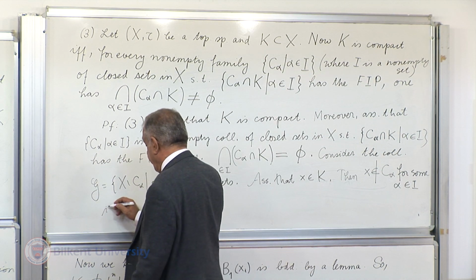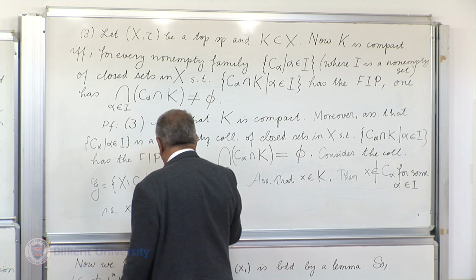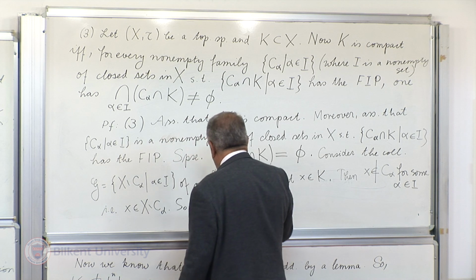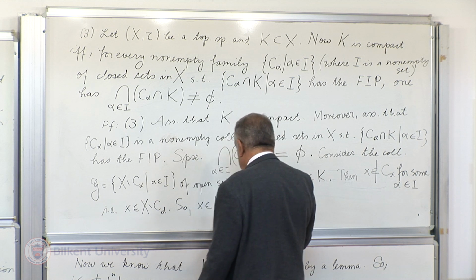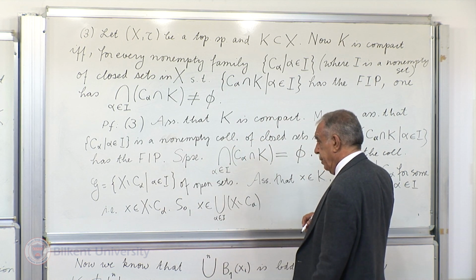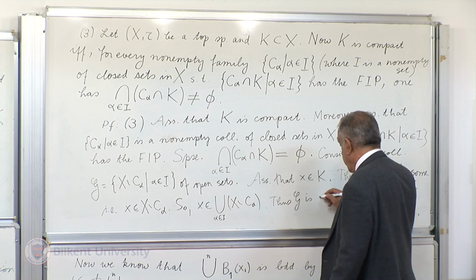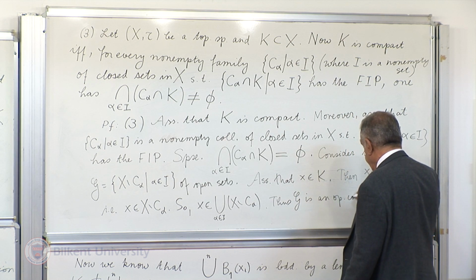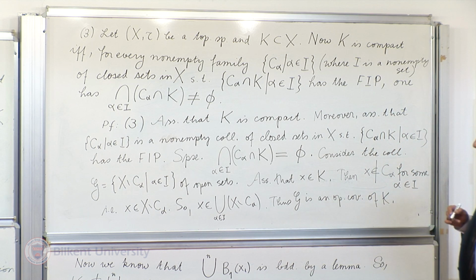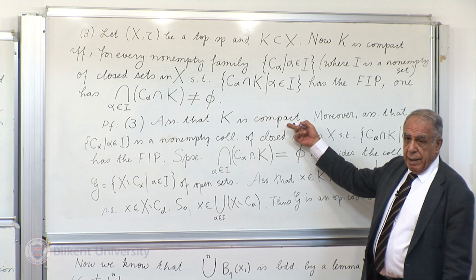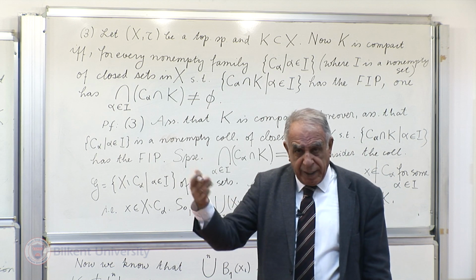That is, x belongs to X minus C alpha. So x belongs to the union of X minus C alphas, alpha in I. Thus G is an open covering of K. What do we know about K? It's compact. So this G has some finite subcovering for K.